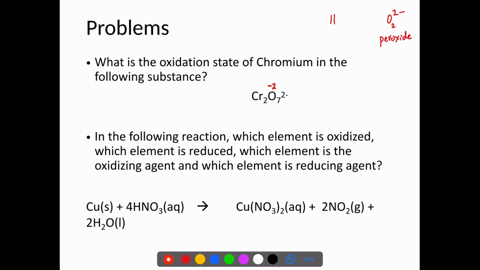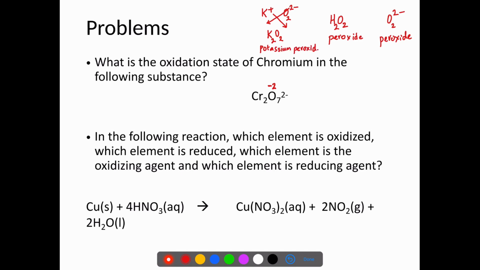So for example, H2O2 will be a peroxide. For example, potassium peroxide, potassium ion is K plus because potassium is in the first group, and peroxide ion is O2, 2 negative. And when you do crisscross, K2O2.